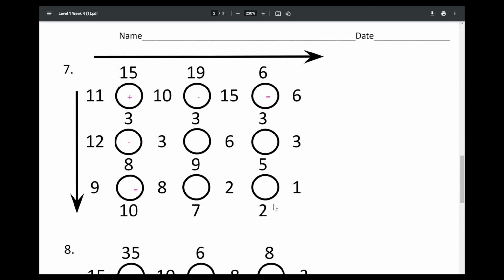Mhm. What did you say the next row was? 12 minus 3 minus 6 equals 3. All right, so 12 minus 3 is what, Nevaeh? 9. And then 9 minus 6 is? 3. Does everyone understand how we're doing this?